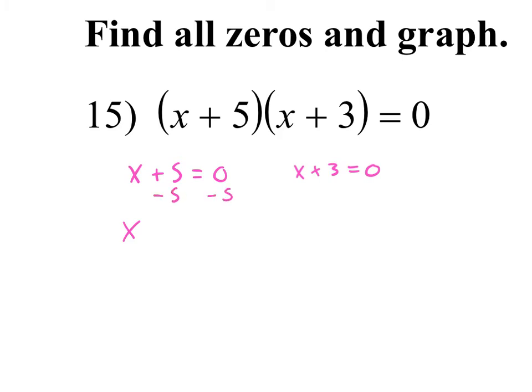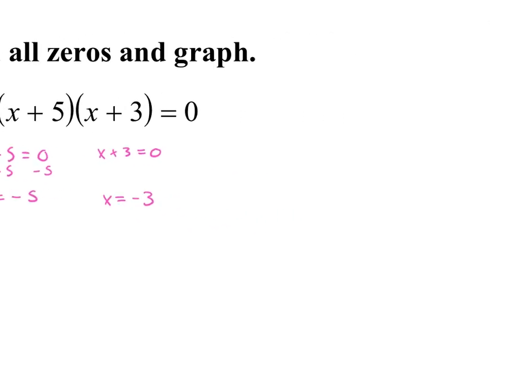Subtract the 5. So what do we get for x? X is equal to negative 5. And what about the second one? What do we get for x? Negative 3. So we have to put those 2 points on our graph. So we go to the left 5 and to the left 3.